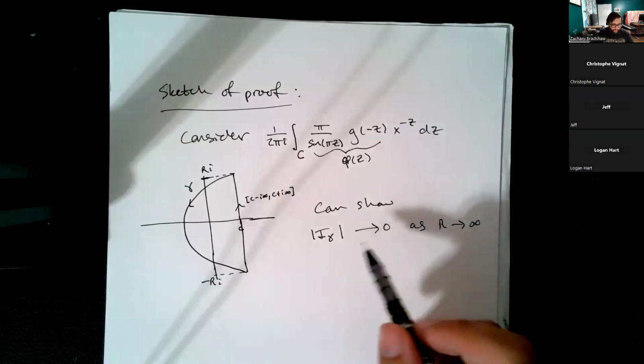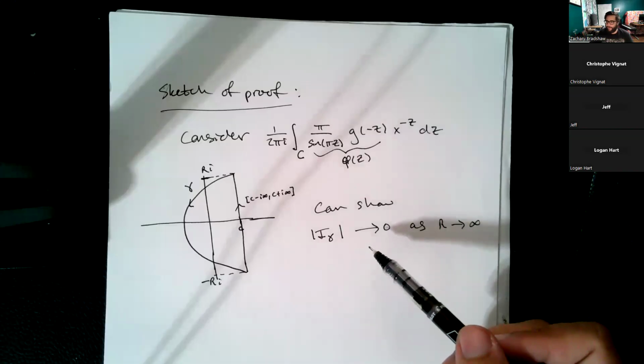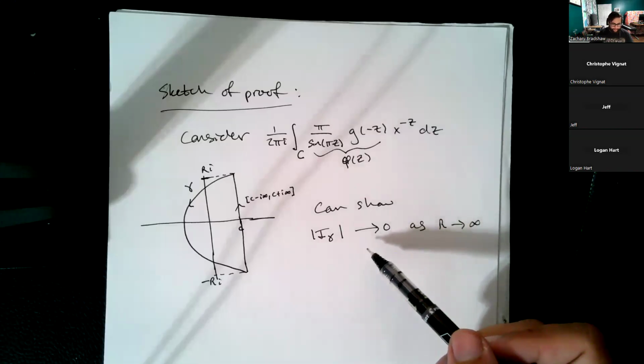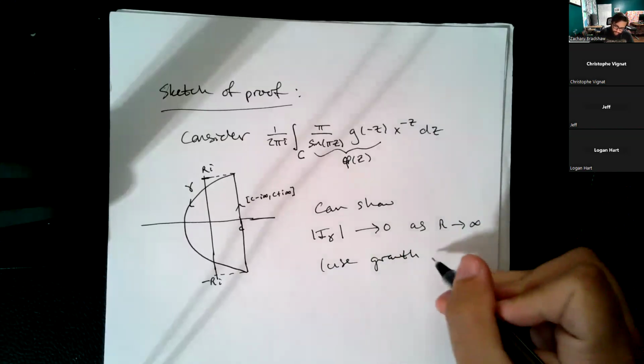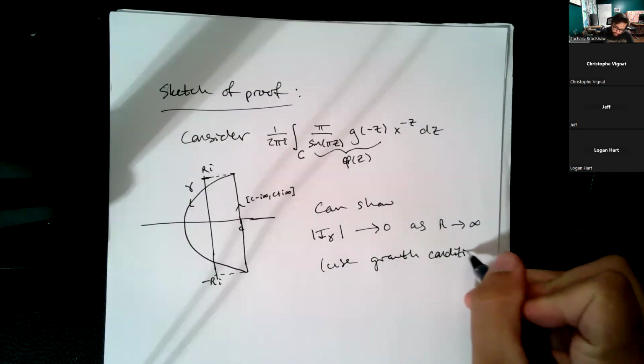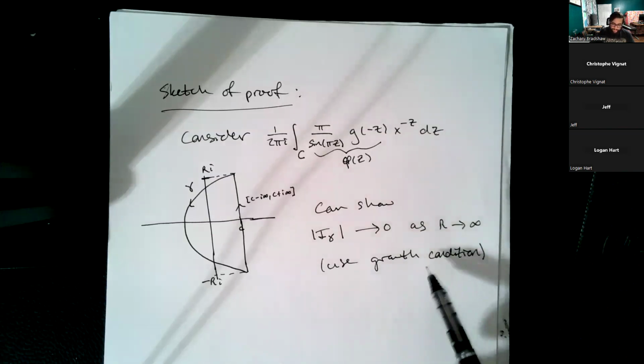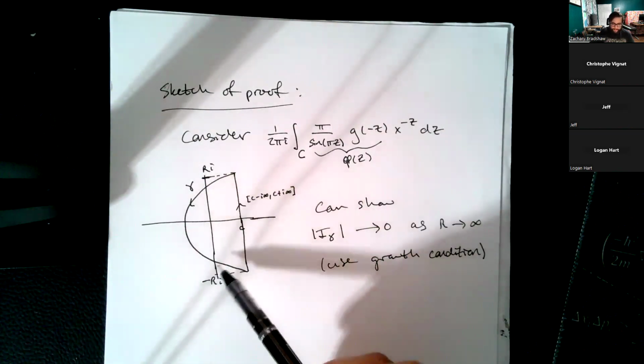And how do you do this? Well, you use the growth condition in Ramanujan's master theorem. Okay, so that tells us that this guy, the integral along here, doesn't matter.